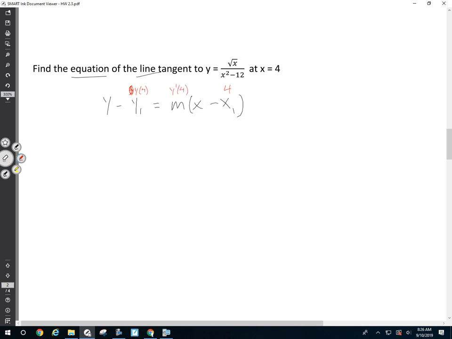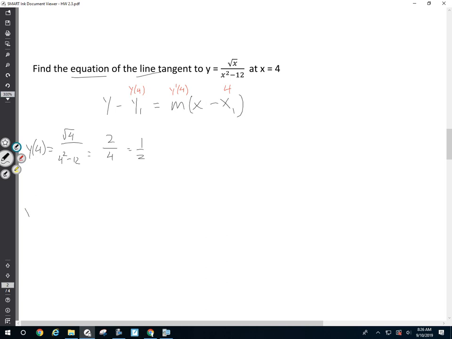It's just the tangent slope and the point on the function through which the tangent line is passing. All right, well, let's go about it the opposite way. Let's find the point first. So I got root 4 over 4 squared minus 12. So that is 2 over 4. That is a half. Okay, so that's great.